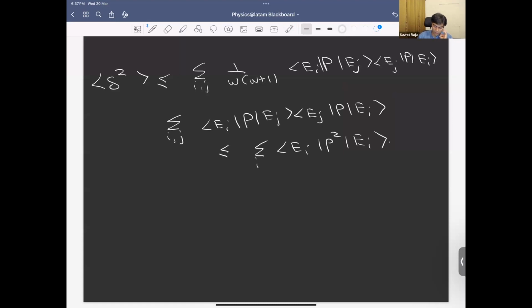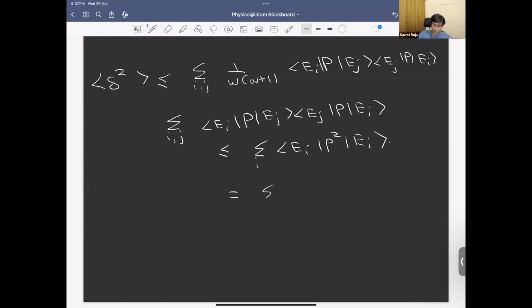The reason it's smaller than or equal to and not equal to is because this EJ is summing over the microcanonical density matrix, which is not the space of all states in the Hilbert space, but a subspace. But you remember P is a projector, so P squared is just equal to P.